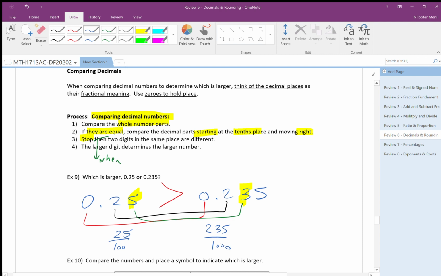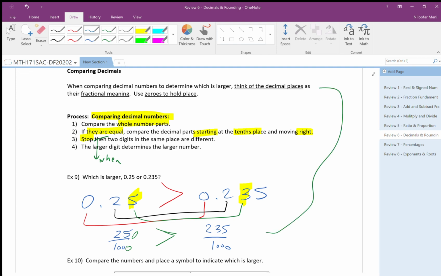How do you compare? I add a zero, so 250 over 1000 and 235 over 1000. I have like fractions with the same denominators, so now I can compare. Of course this one is bigger. This is the meaning of this part.